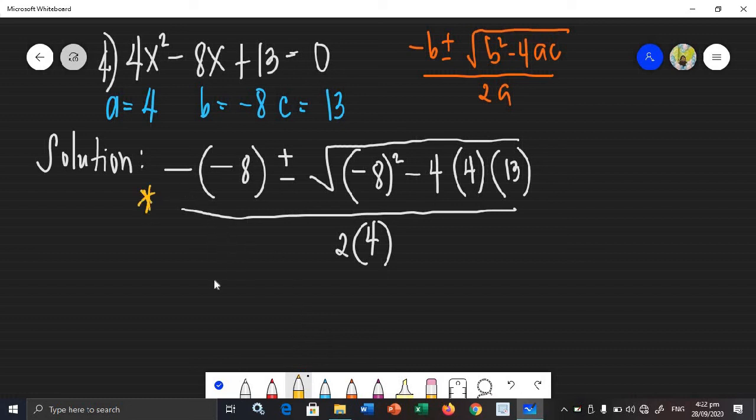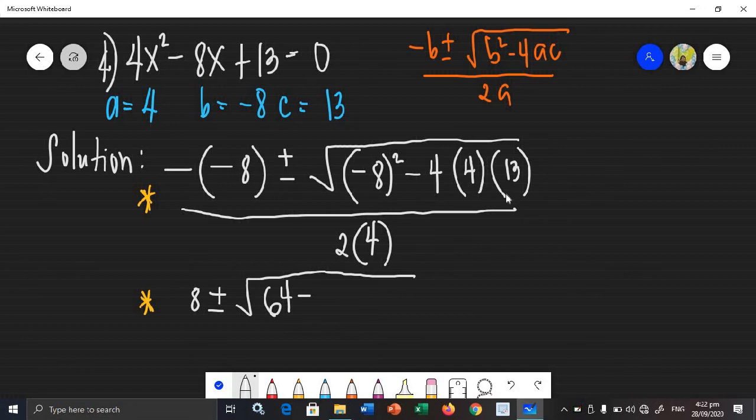And then simplifying some terms, so negative times negative 8, the answer will be positive 8. And then positive negative square root of negative 8 squared, the answer is 64, minus 4 times 4, the answer is 16.